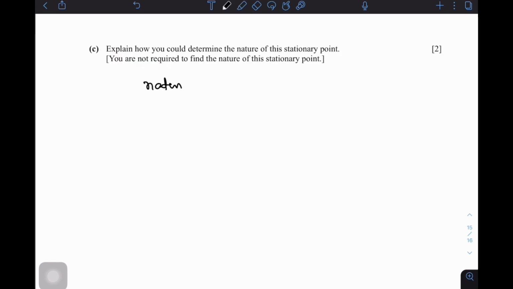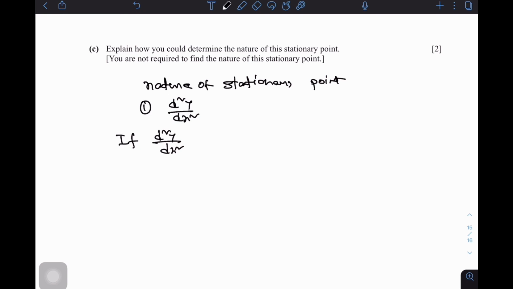Nature of a stationary point. We need to find d²y/dx² first of all, and then if d²y/dx² is greater than 0, I mean the second derivative is greater than 0, then the point is minimum.